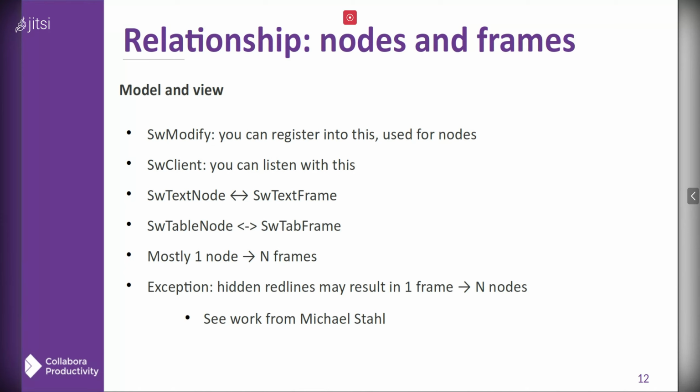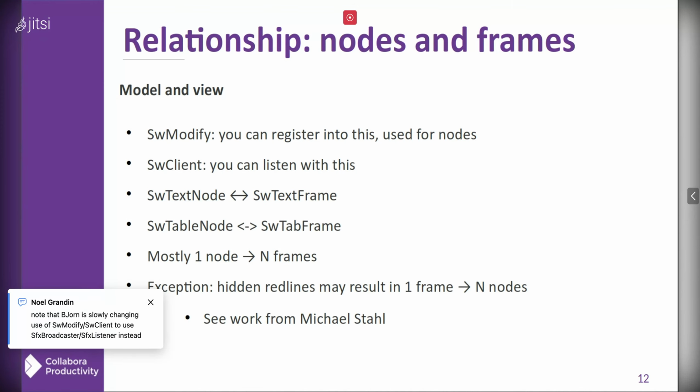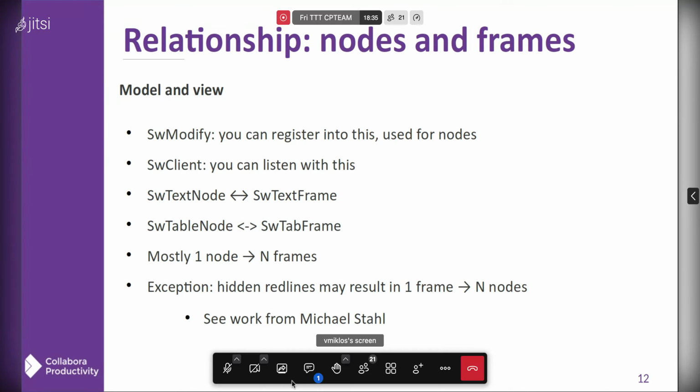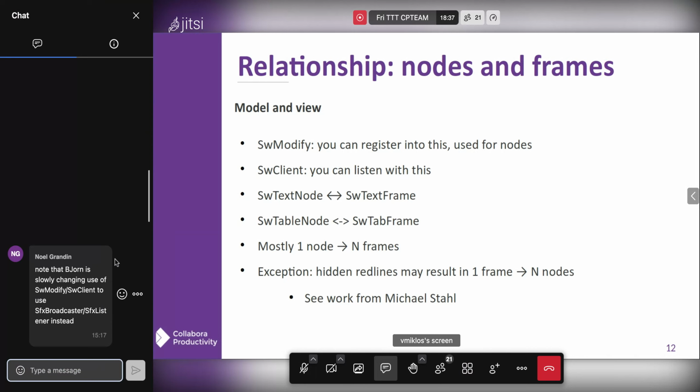That means you have the text node, which is an SwModify, and you have a text frame, which is an SwClient. You have the table node and table frames, and so on. In most cases, one node may broadcast changes to multiple frames, but not the other way around, except redlines, because redlines have to complicate things. That would be something different, but in other parts of the code, this is how it works.